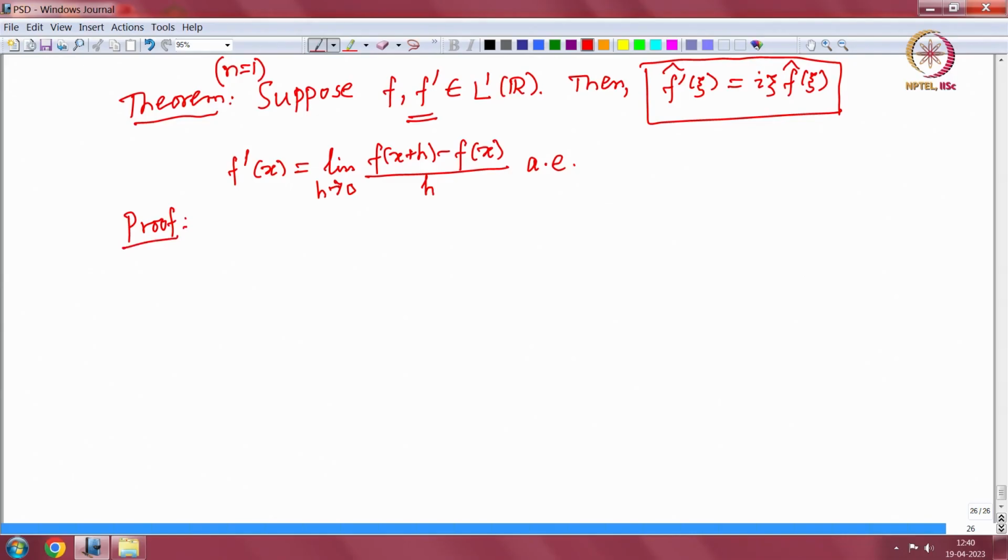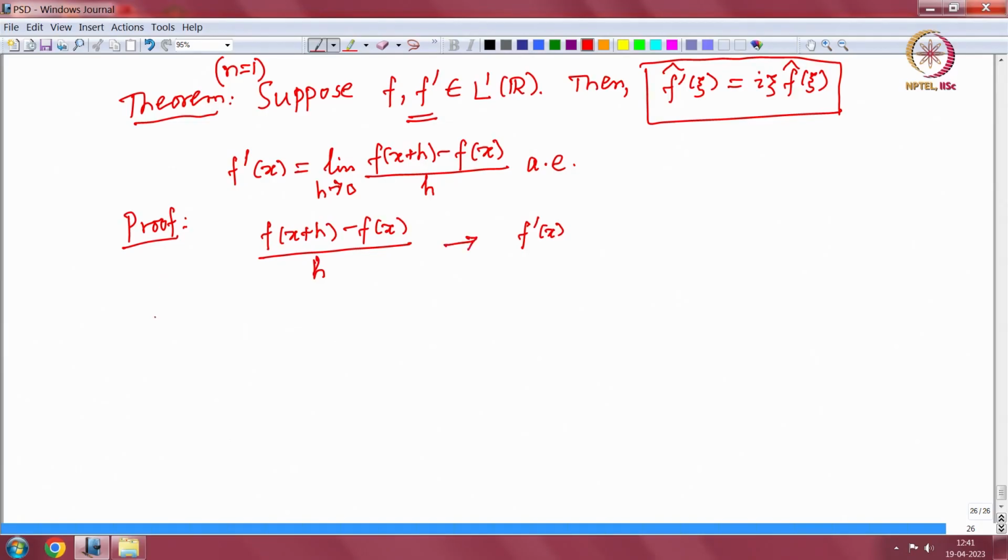So, let me again start with this: f of x plus h minus f of x, for h not 0, and your f prime is here, and there is a limit.